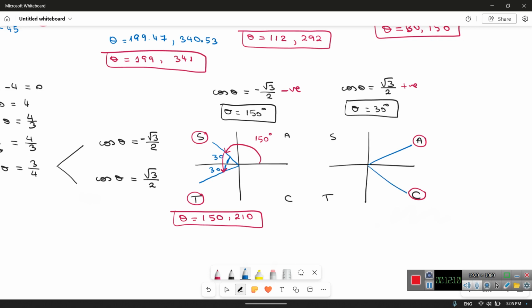We want the angles with the horizontal to be 30 degrees. So the first value is 30 degrees, the one given on the calculator, and the second value must be 360 minus 30, which is 330 degrees. Put all those values together. These are all your solutions.